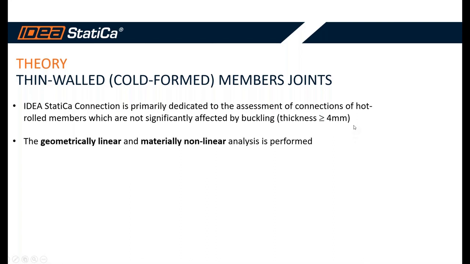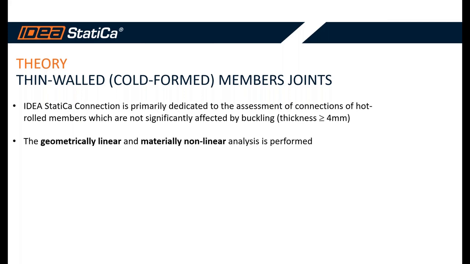StatiCa Connection is primarily dedicated to assessment of the connections of hot-rolled members which are not significantly affected by buckling, and the thickness of these members should be more than 4 millimeters.